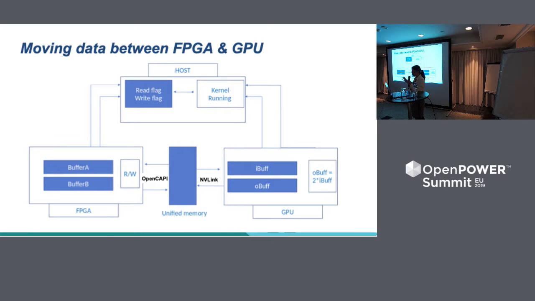For example, the video stream from a camera comes in, and you need to mix them together or do some image augmentation, or for some data input, maybe you have to decompress it or decrypt it. So in this case, it will be very convenient that the FPGA directly accesses GPU memory. So it greatly offloads the CPU.